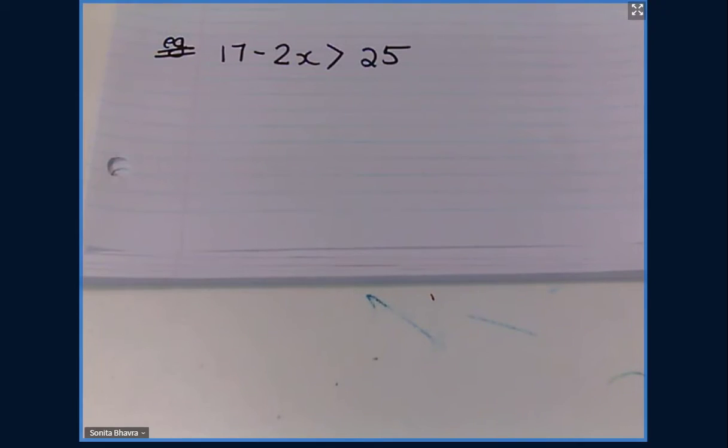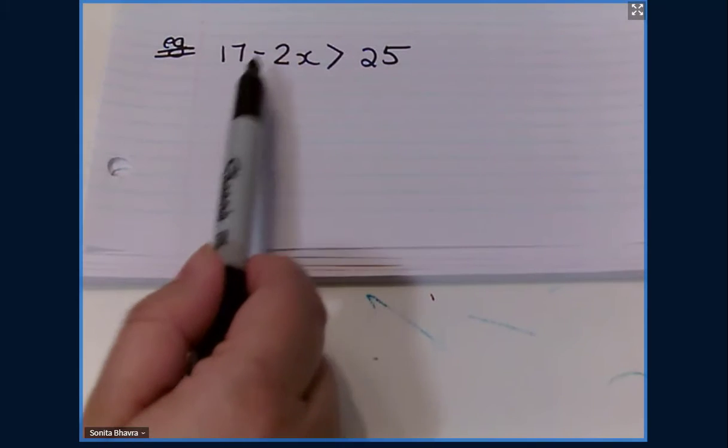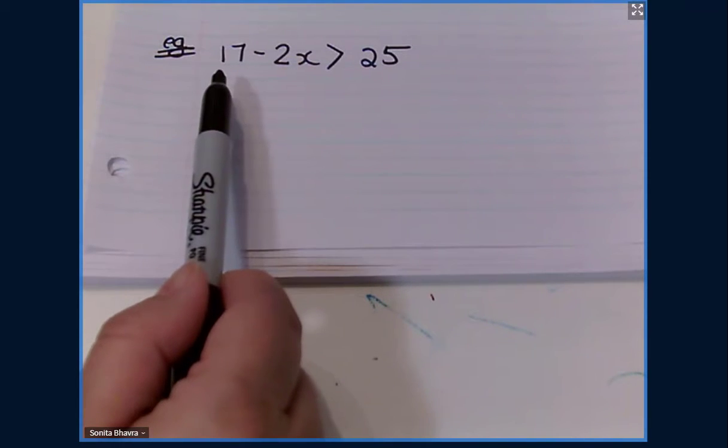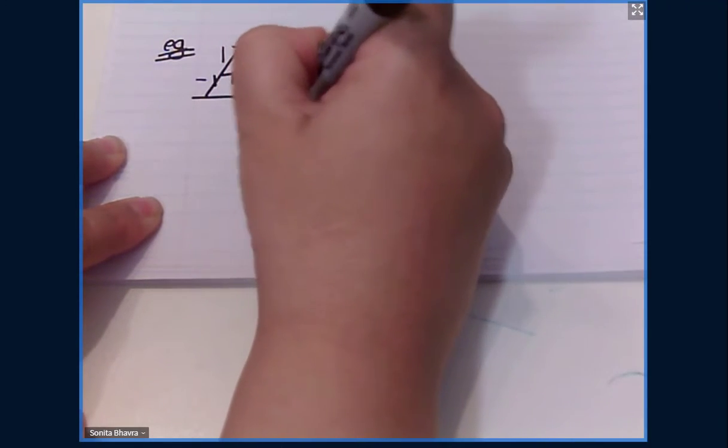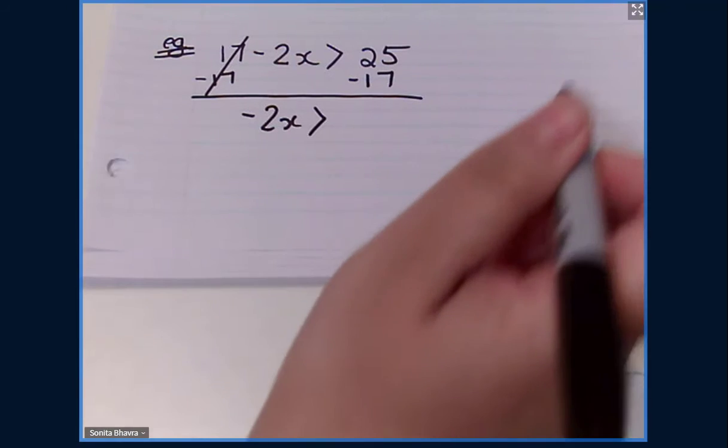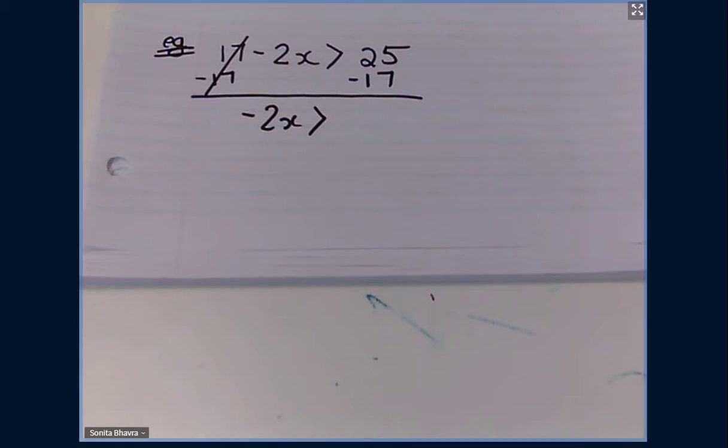All right, so our next example we have is 17 minus 2x is greater than 25. So the first thing I'm going to do is move this 17. It's a positive 17, so I'm going to subtract 17 to both sides. And that leaves me with negative 2x is greater than 25 minus 17, 8.